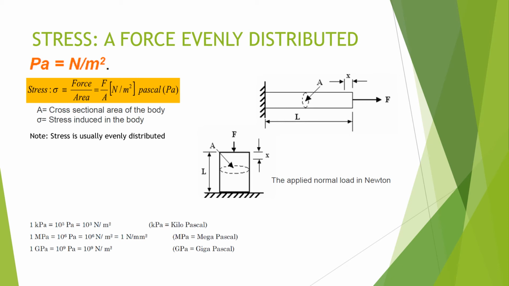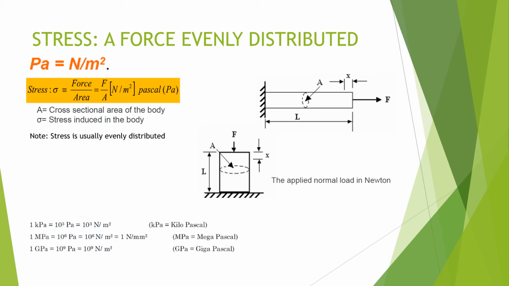Please note that the stress is usually evenly distributed over the cross-section of the body. In this course, the formula that we usually use to calculate stress is stress equals the force acting on the cross-section divided by the area of the cross-section.